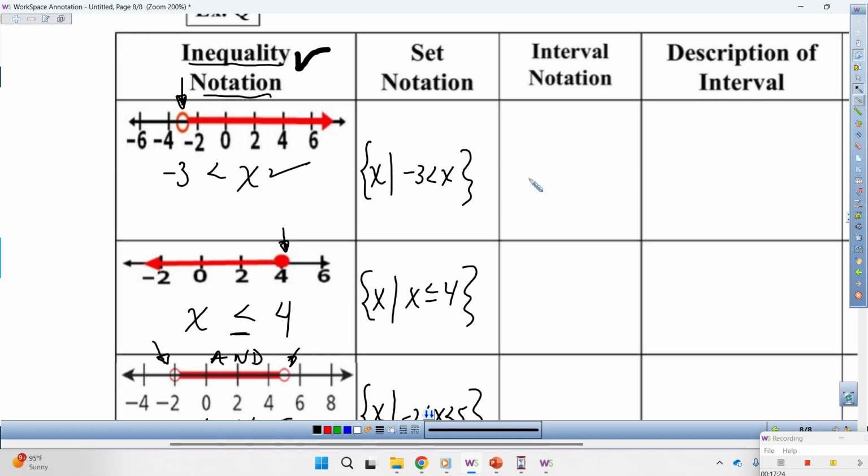This one is -3, comma. And then check and see if there's another dividing point. Is there another dividing point after -3? No, Mr. Q. There's an arrow. So what does the arrow indicate? That it keeps going to the right, which is to positive infinity. So I want you to write positive infinity.